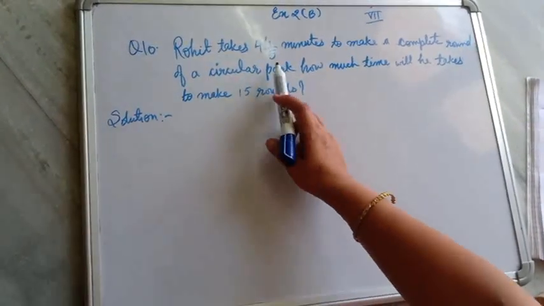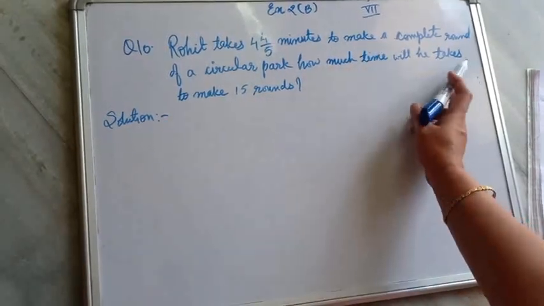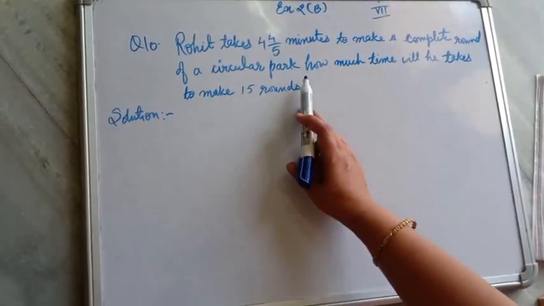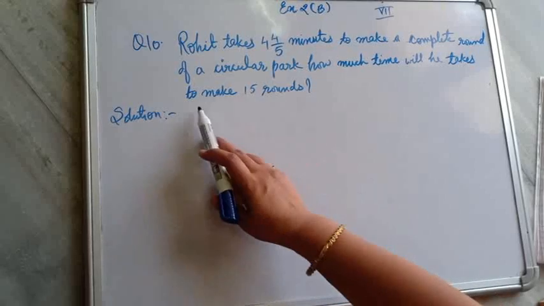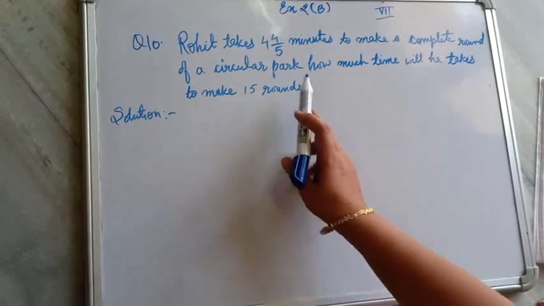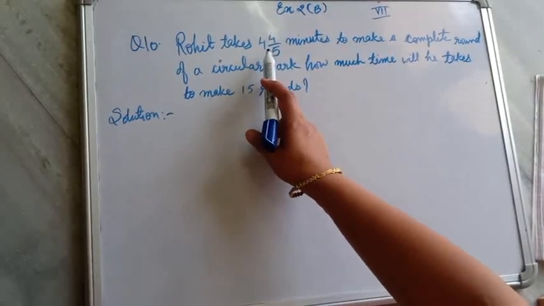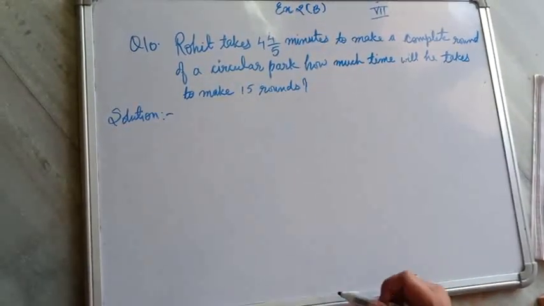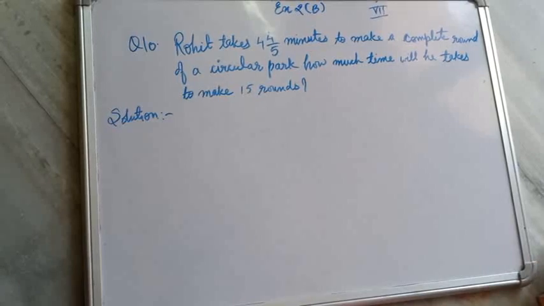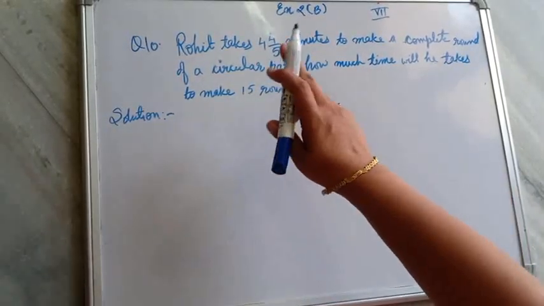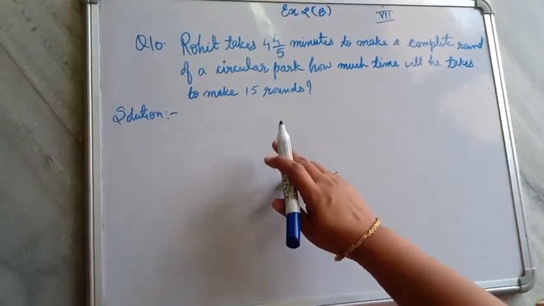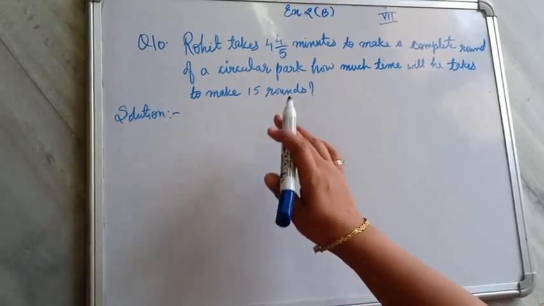Rohit takes 4 by 5 minutes to make a complete round of a circular park. How much time will he take to make 15 rounds? For he completes one round in 4 by 5 minutes. So how much time will he take to complete 15 rounds?